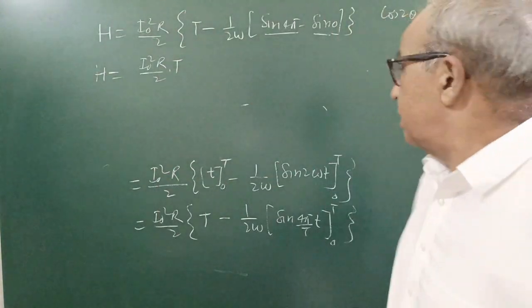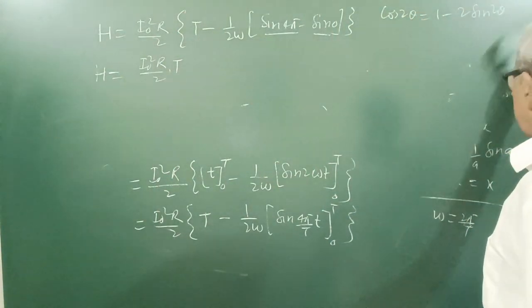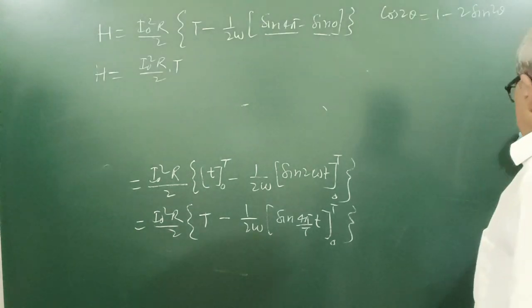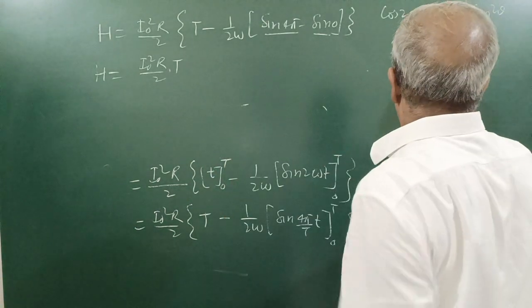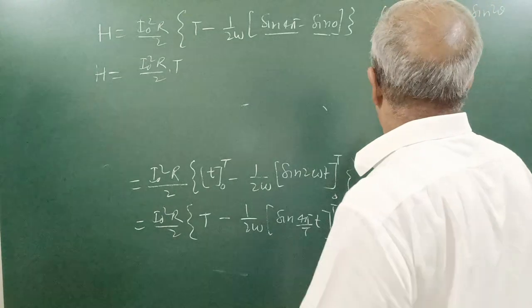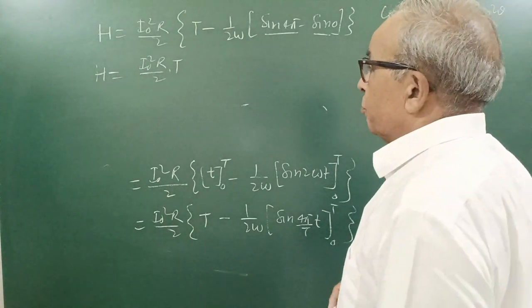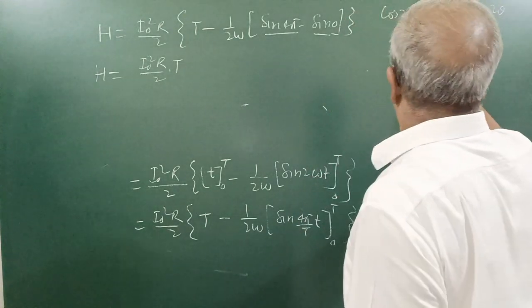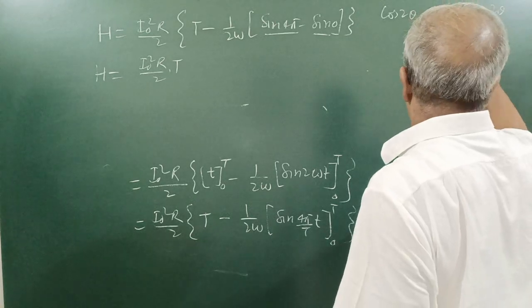This heat H is the heat produced by alternating current in time T, one cycle. Now what was our current? I equal to I0 sin omega t.